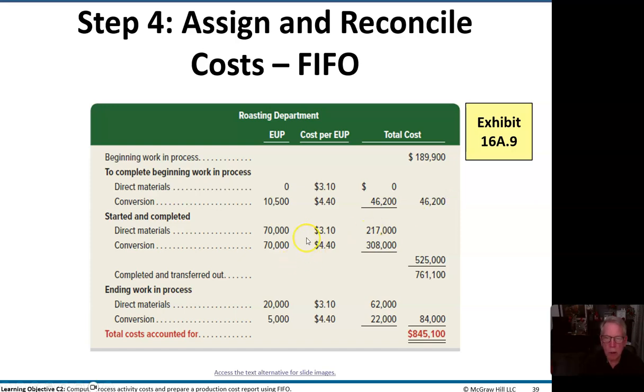And then started and completed, we had 70,000 units. Multiply those through, we get 525,000.